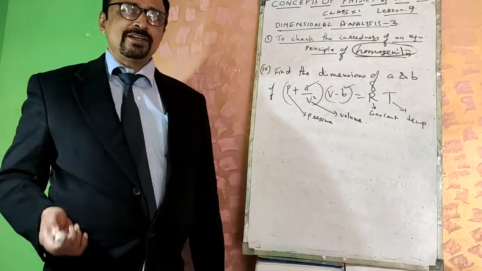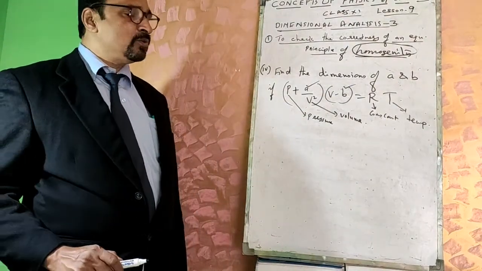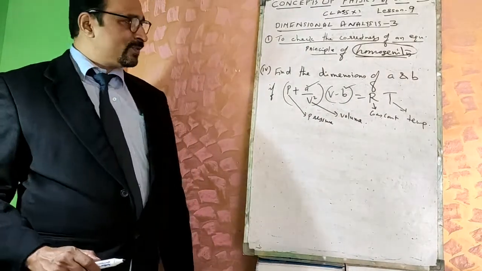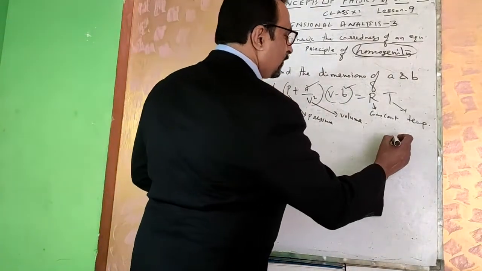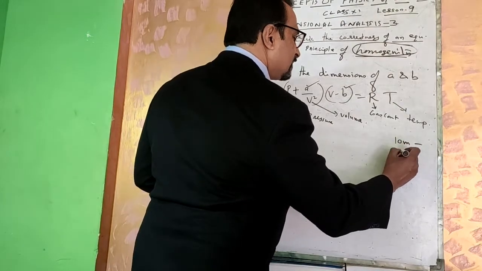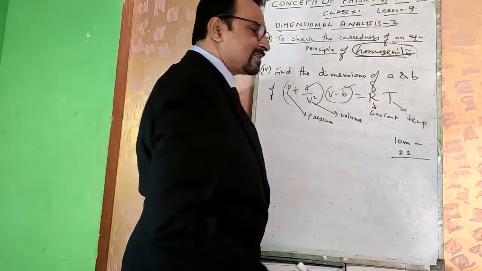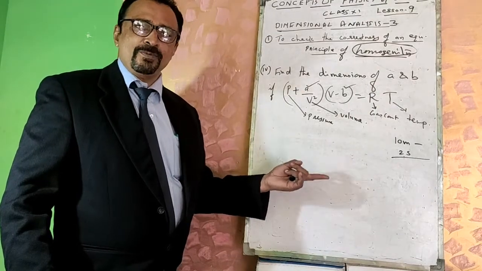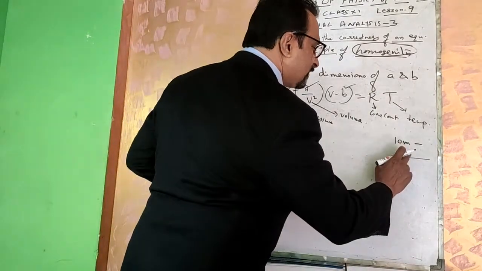Here, the concept to be used is again principle of homogeneity. Yesterday I told you, 10 meter minus 2 seconds. What is your answer? Can you subtract? Subtraction is not possible. You can subtract only meter from another meter.